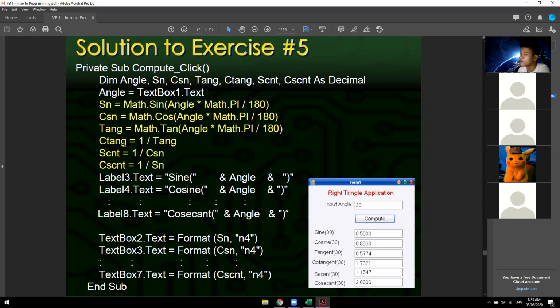For cotangent, the formula is 1 over tangent, so 1 over Math.Tan of angle times Math.PI divided by 180. Or you can use the results directly: 1 divided by the tangent result, and likewise 1 divided by cosine and 1 divided by sine.